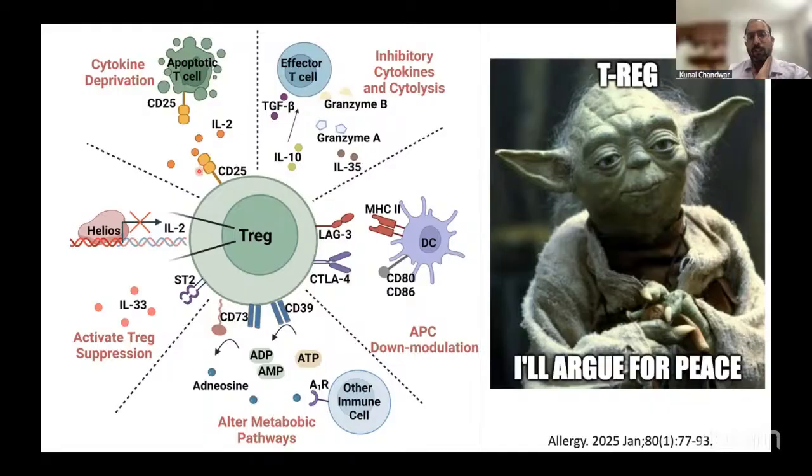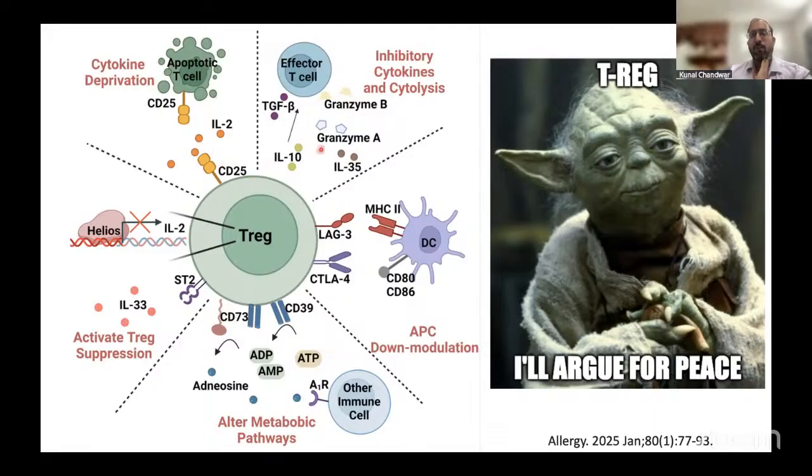But since T regulatory cells have very high affinity receptors, they will suck out all the IL-2 in the microenvironment, and hence the actual T cells, which don't have such high affinity CD25 receptors, don't get enough IL-2, and then they'll die off.